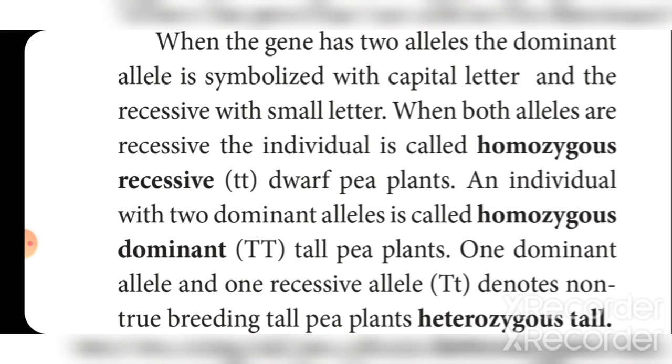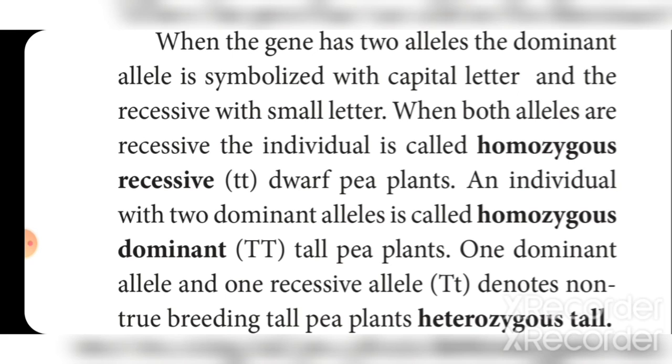The dominant allele is symbolized with a capital letter and the recessive with a small letter. When both alleles are recessive, the individual is called homozygous recessive, small t, or dwarf plants.